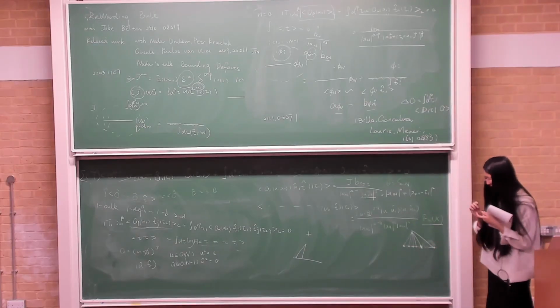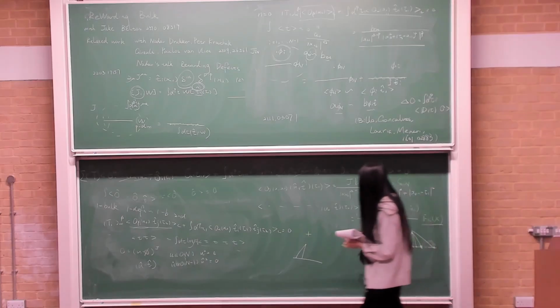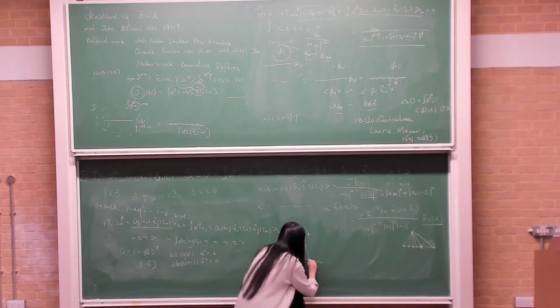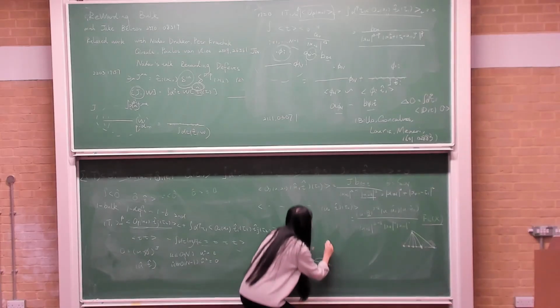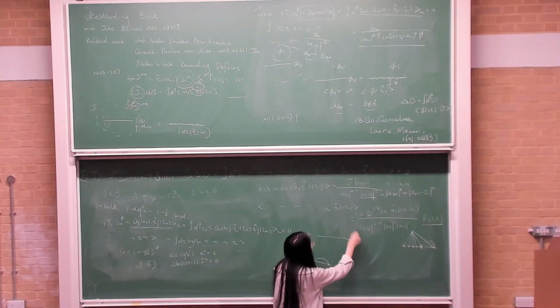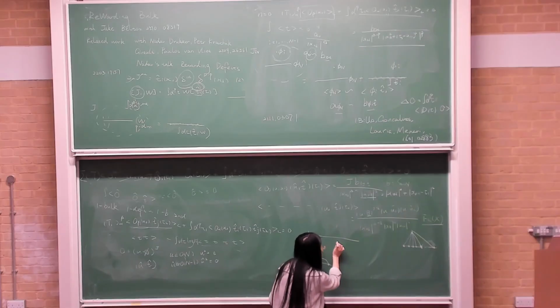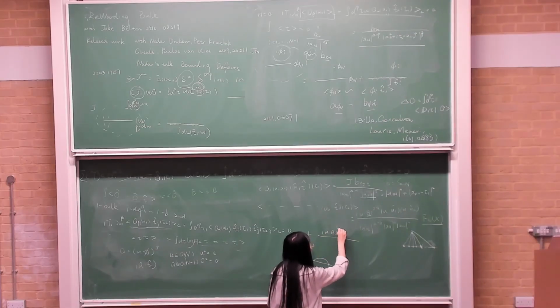That's the correct one. And the other one is the one that I drew just now. So now its tensor structure is power j u1 dot.